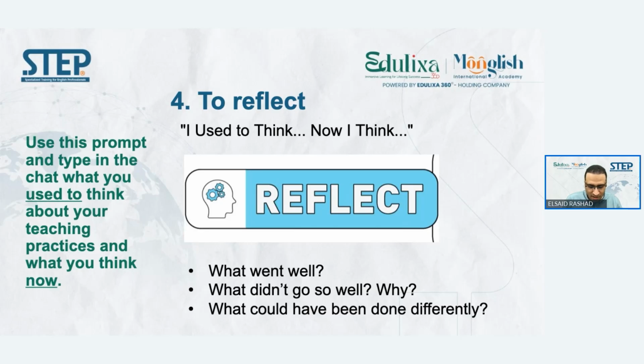Now I think teachers should reduce their talking time. Yes. I give you an example, okay? This is what I used to think before the Delta and the MA and before becoming a CELTA tutor and a TEFL tutor. Tell me about yourselves, guys.